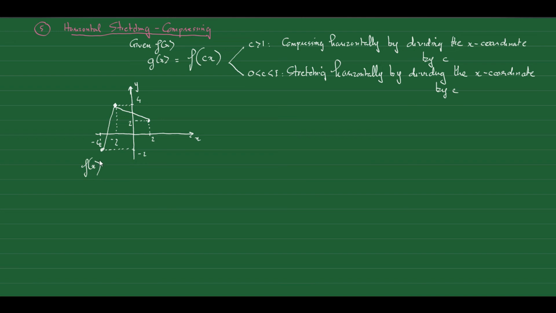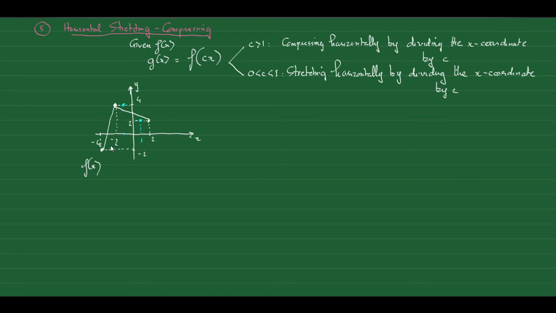Now, what if I want to compress horizontally? I'm going to do it by a factor of 2, so 2 is greater than 1. So I divide the x component by 2. So 2 divided by 2 will be 1. So my new one will be, I keep this, it will be 1, 1, 1, 2. The x component here, it will be negative 1, 4.